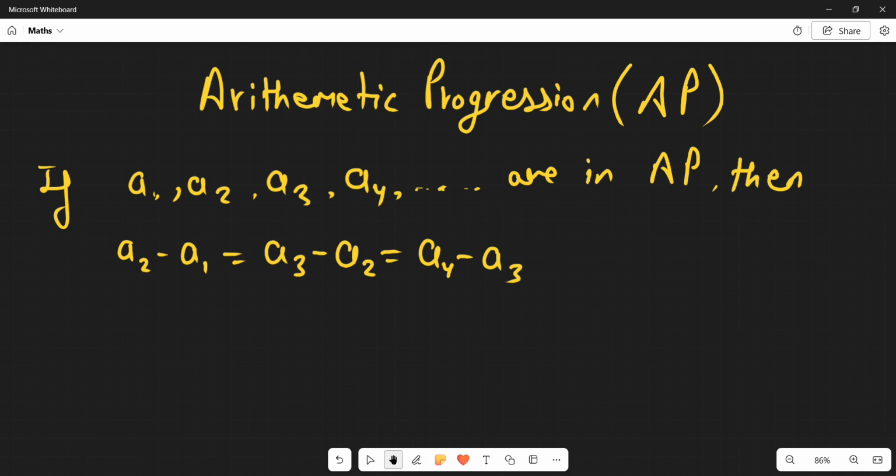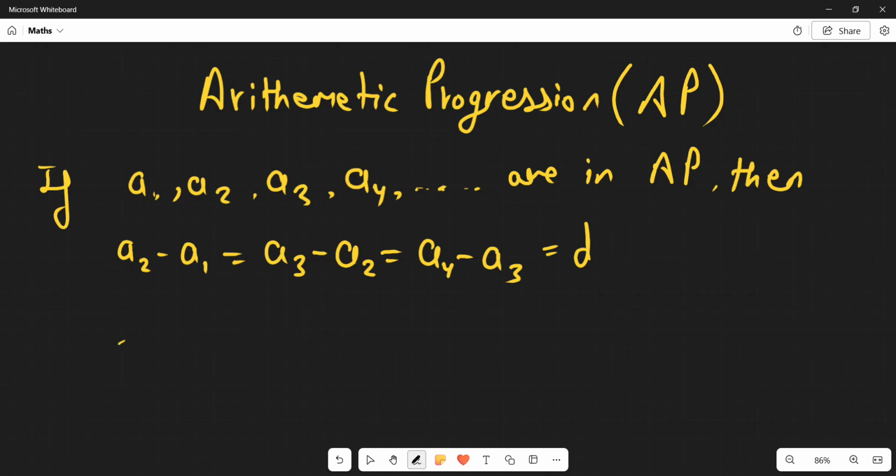What I'm trying to show with these terms is that the difference of consecutive terms will be the same. So all these differences will be the same, let's say D, the common difference.